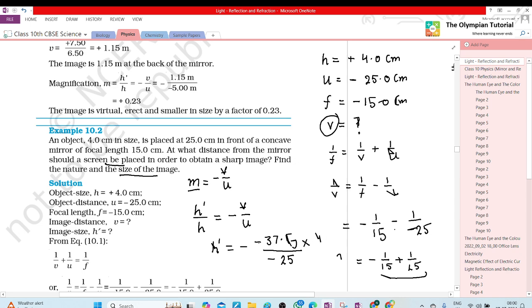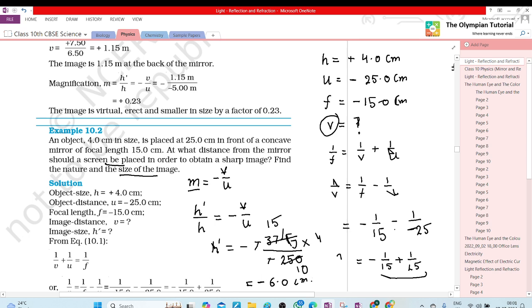Yes, ma'am. So minus minus will cancel out. We will solve it, and it will become 6 centimeter. So the size of the image is 6 centimeter.